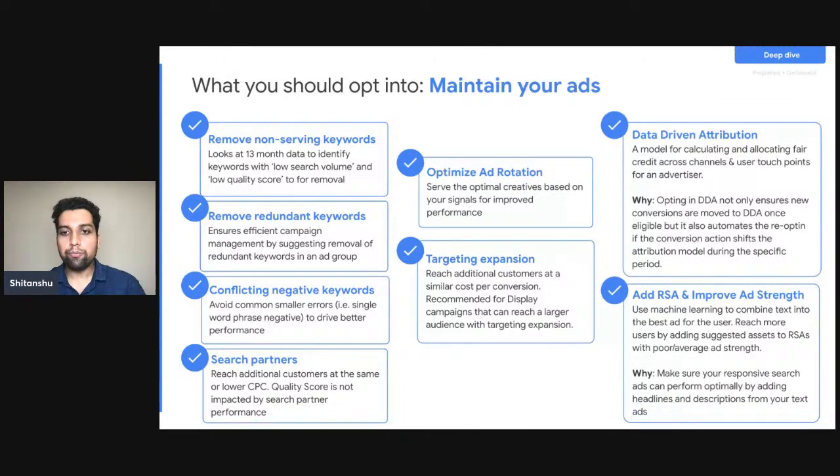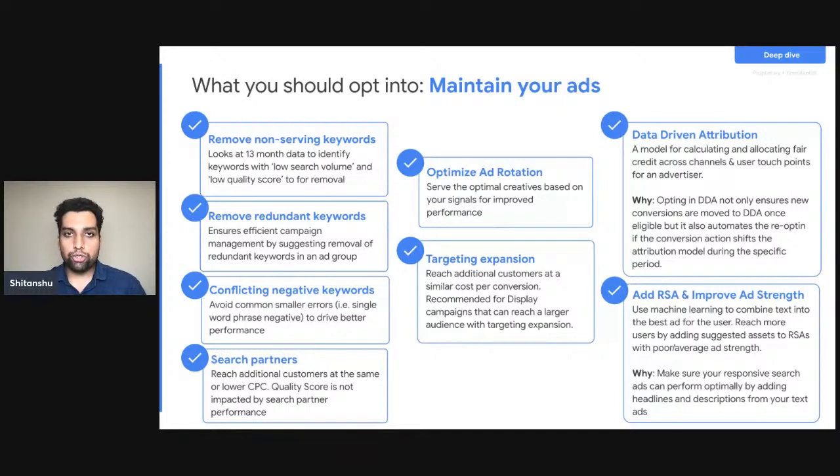When you choose to opt in to improve RSA ad strength, this identifies those RSAs which currently have an ad strength of poor or average, and it improves their ad strength by adding more assets and improving the ad strength to excellent.